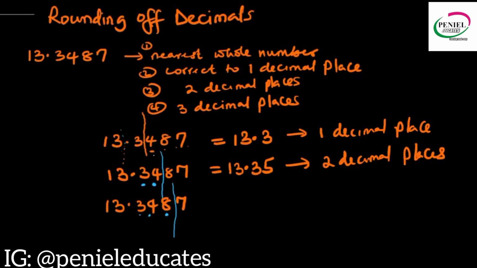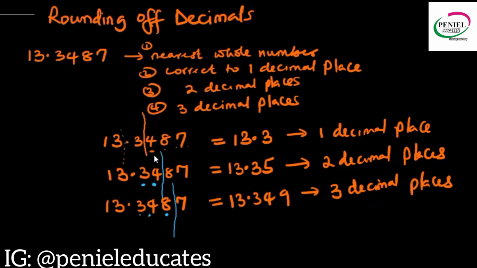Now this particular number that is outside is also between 5 and 9. So I can convert this to 1. So I'm going to have 13.34. Once I convert this to 1 and add it to this, it becomes 9. So 13.349. Then I've converted to three decimal places.